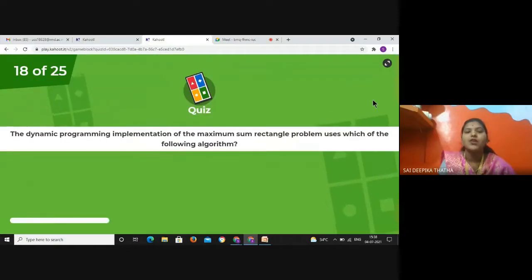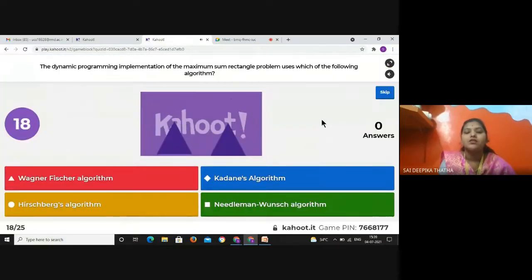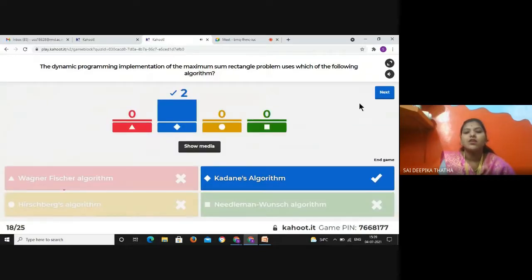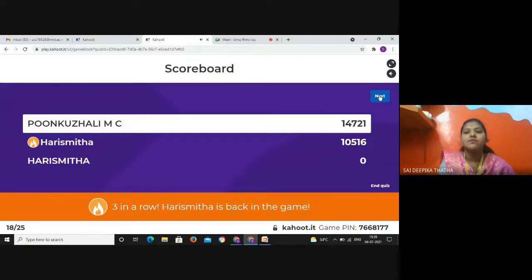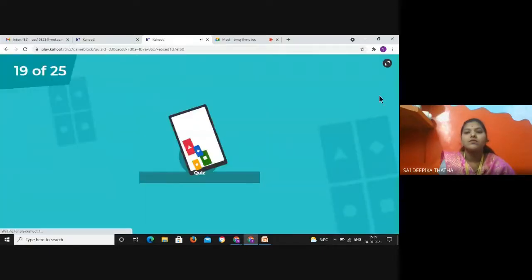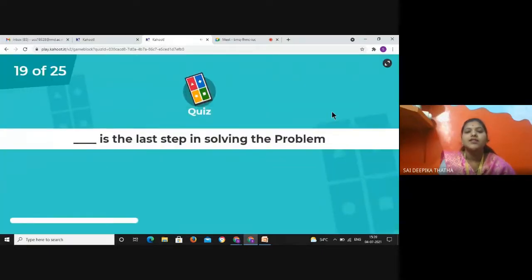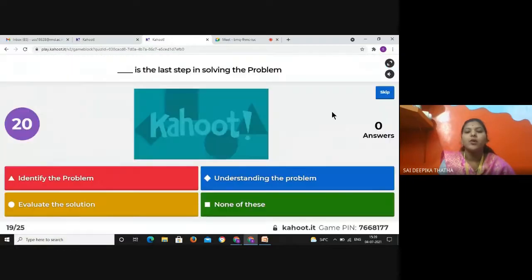The dynamic programming implementation of the maximum sum rectangle problem uses which of the following algorithms? Good. Kadane's algorithm. Dash is the last step in solving the problem.